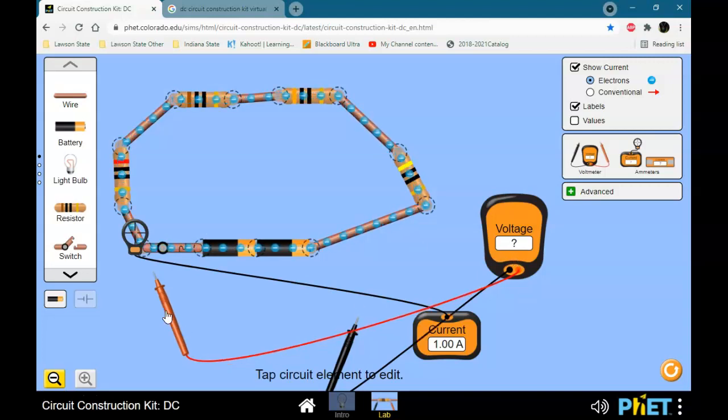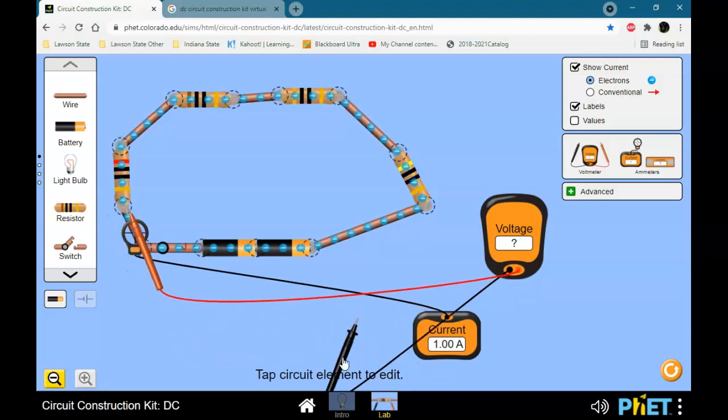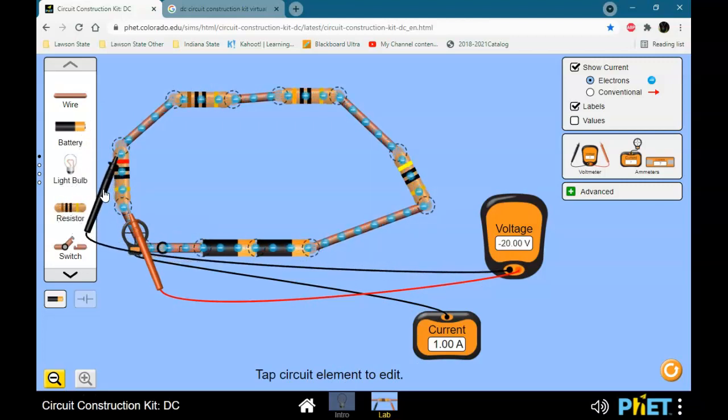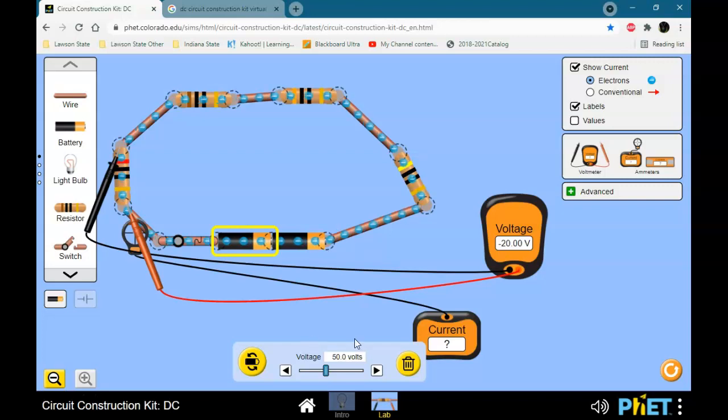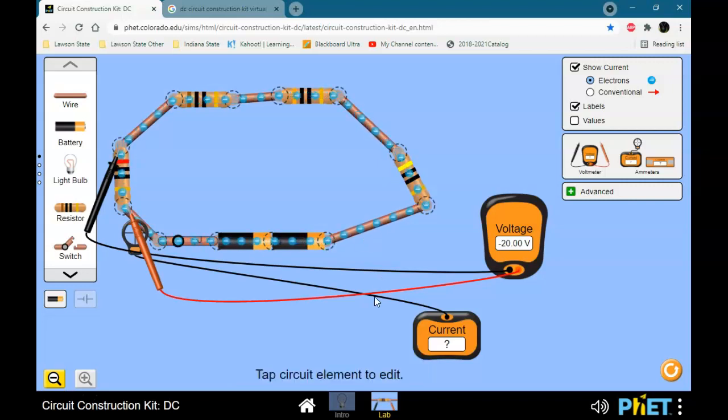My voltage is going to be different at each resistor. Why? I did not change my overall voltage. I've still got 50 volts here and 50 volts here. I've got a total of 100 volts being spread through this whole system. This one right here at 20 ohms is pulling 20 volts.